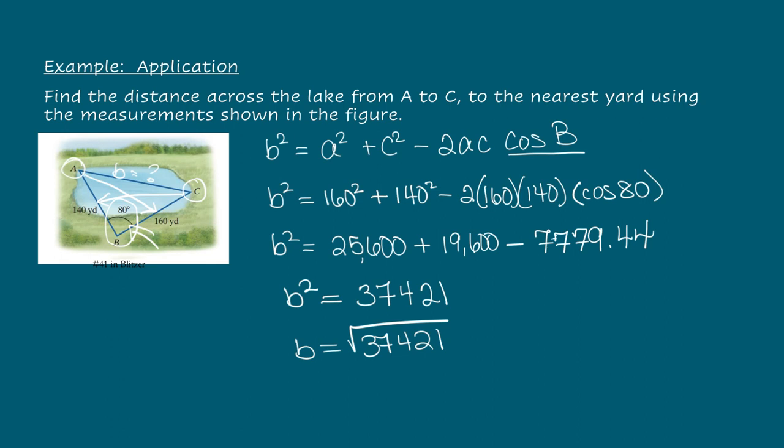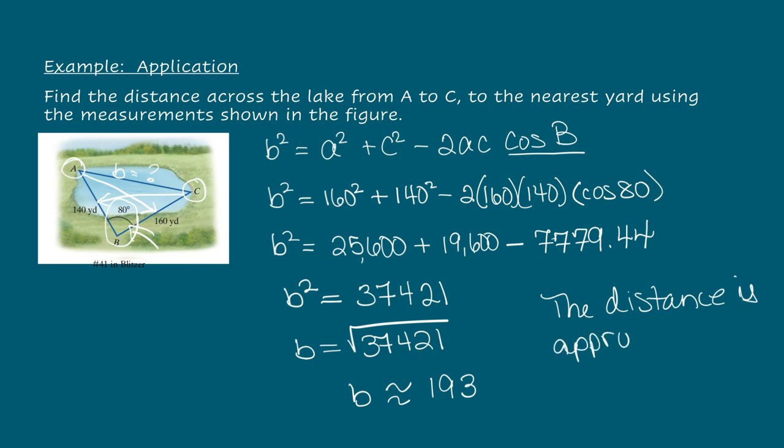So I'm going to get B is approximately 193. So the distance is approximately 193 yards. And those are two examples of application problems that you might be asked to solve.